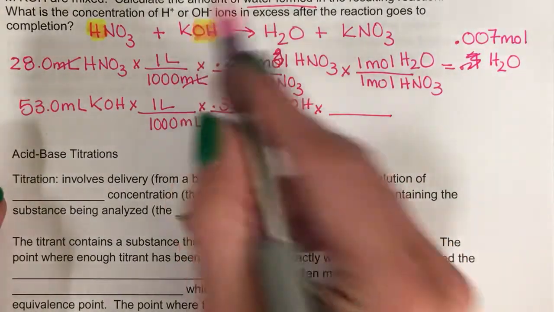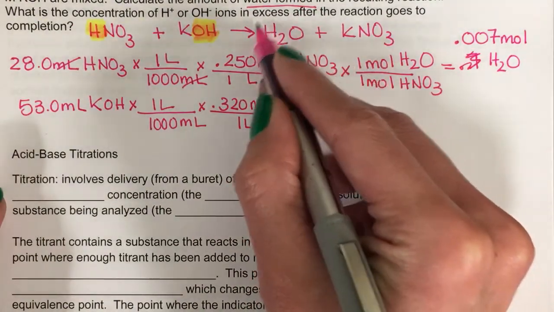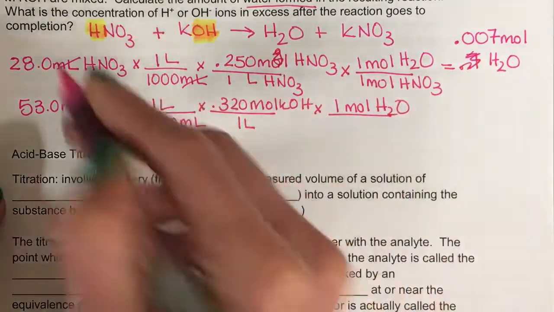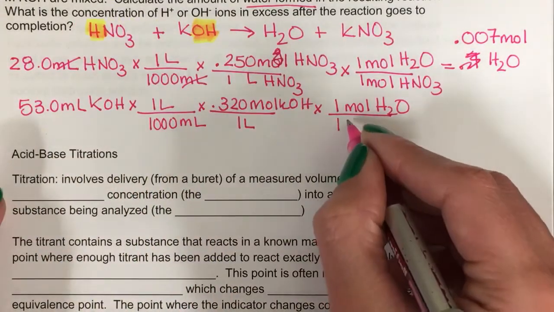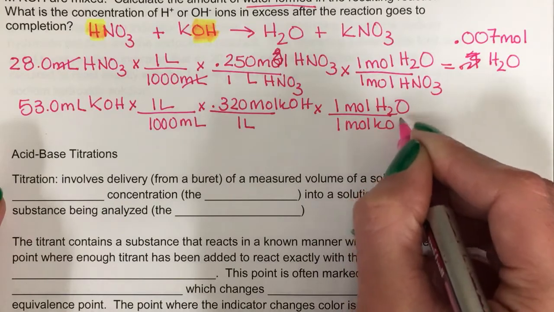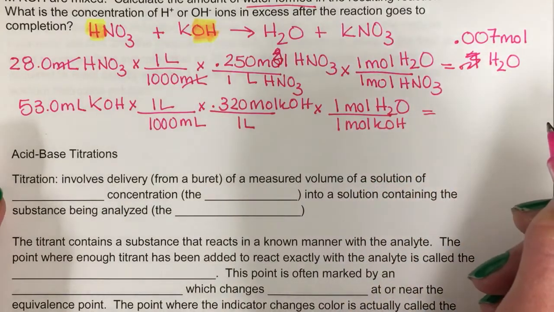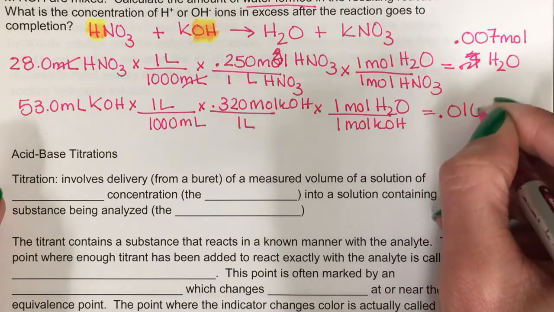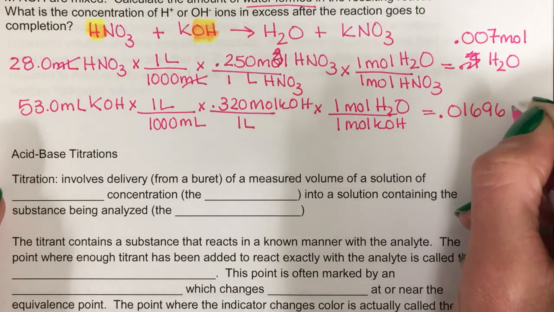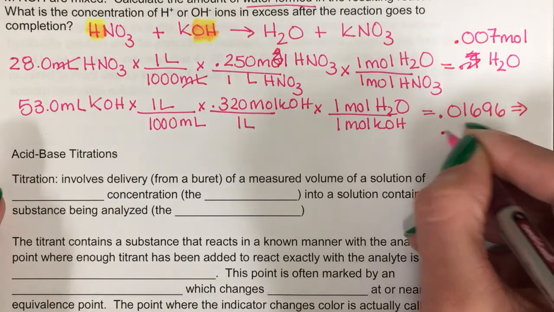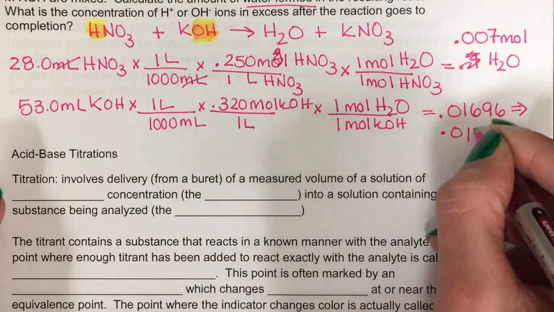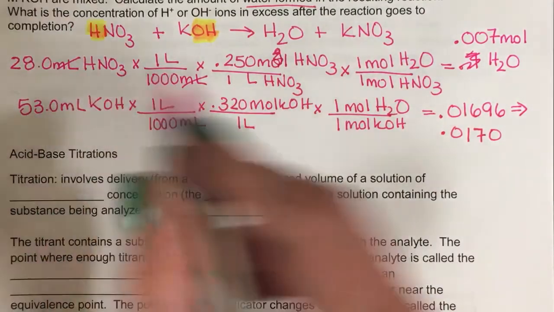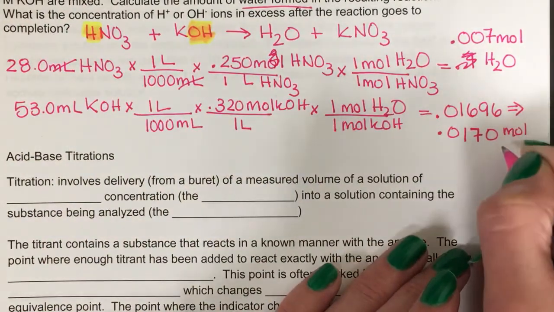I know that I've got 1 mole of H2O for every 1 mole of KOH. When I plug this into my calculator, I should get 0.01696, which I'm going to round to 0.0170. I need to keep 3 sig figs, moles of H2O.